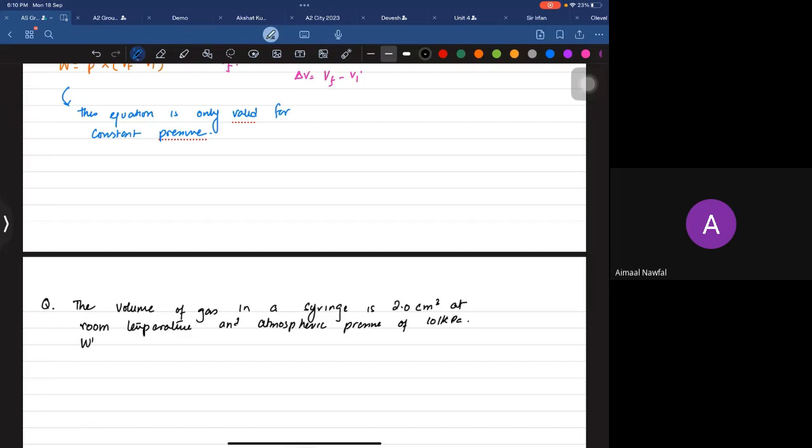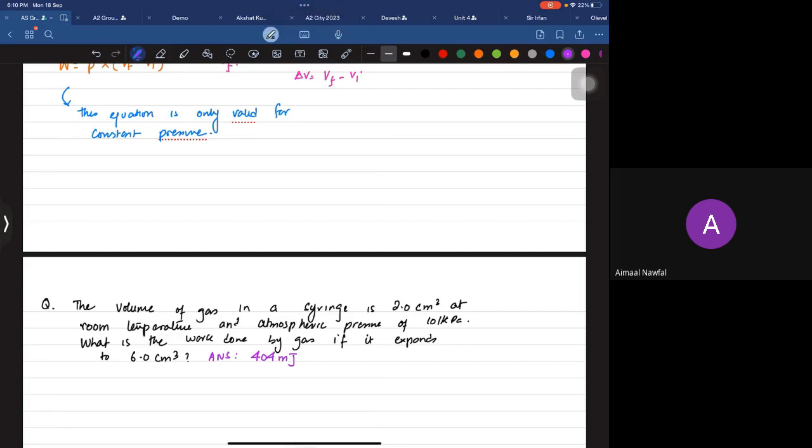What is the work done by the gas if it expands to 6.0 centimeter cube? The answer to this question is 404 millijoules, and you need to convert centimeter cubes and kilopascals to SI units before you start.